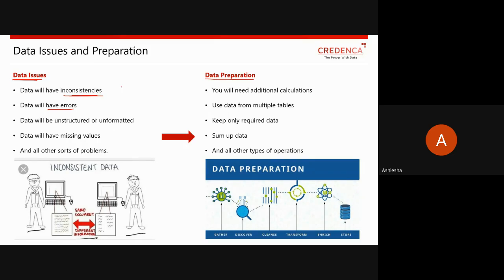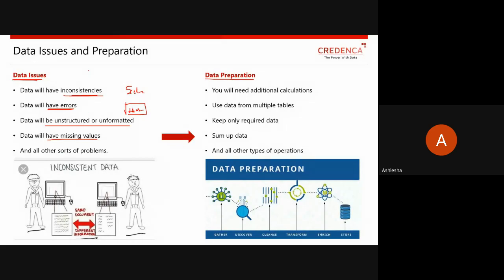For example, in the sales column, some wrong value may be mistakenly present, and that is the error value. Then your data may be unformatted or unstructured, some missing values will be there, and you can see any sort of problems when it comes to data.